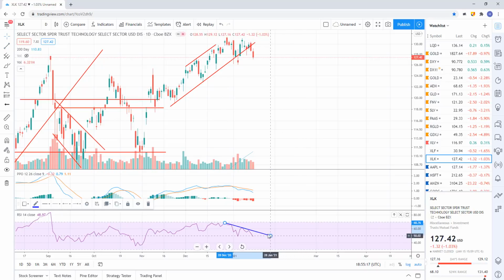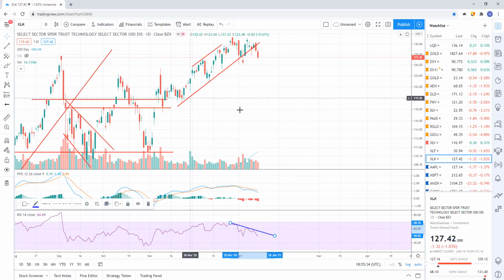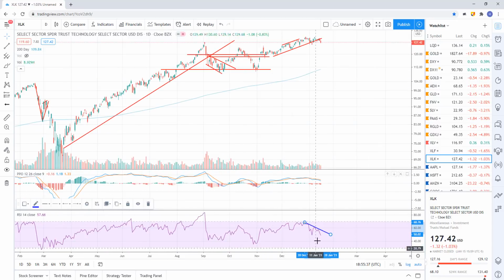there is negative momentum, and we're just trying to see if we actually had any divergent action. Not really. This was kind of a divergent high. It made an equal high to this candle right here on lower momentum. Not the cleanest divergence. However, that's just on the short time frame.